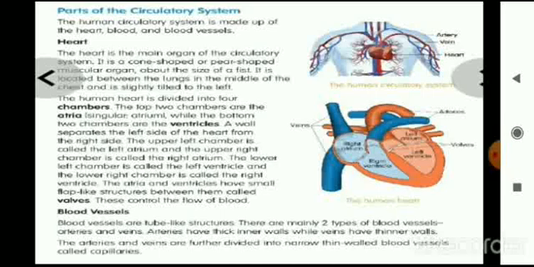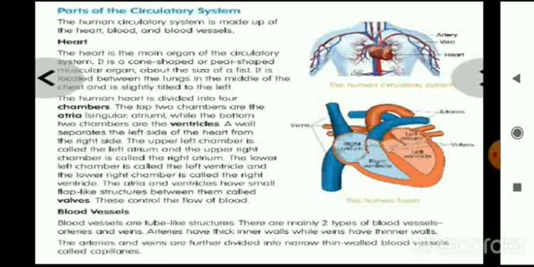In this picture you can see that the heart consists of 4 chambers. Left chamber is known as left atrium, right chamber is known as right atrium, and these both chambers are combinedly known as atria. And the lower 2 chambers are known as ventricles.